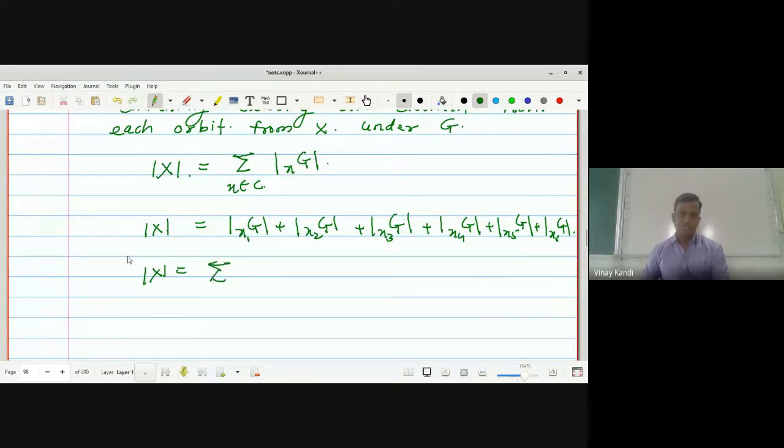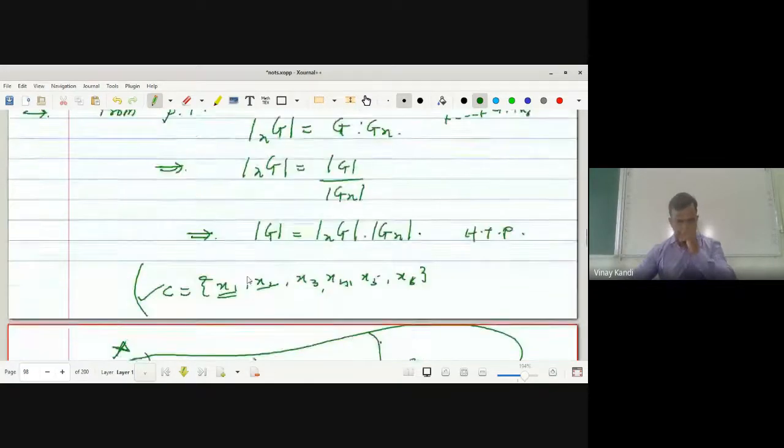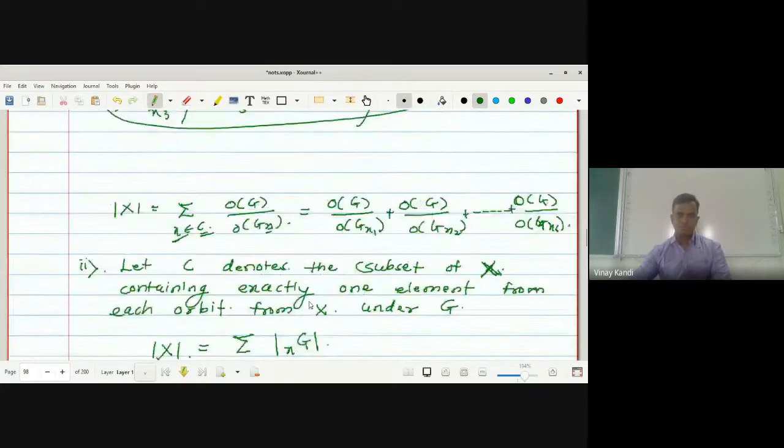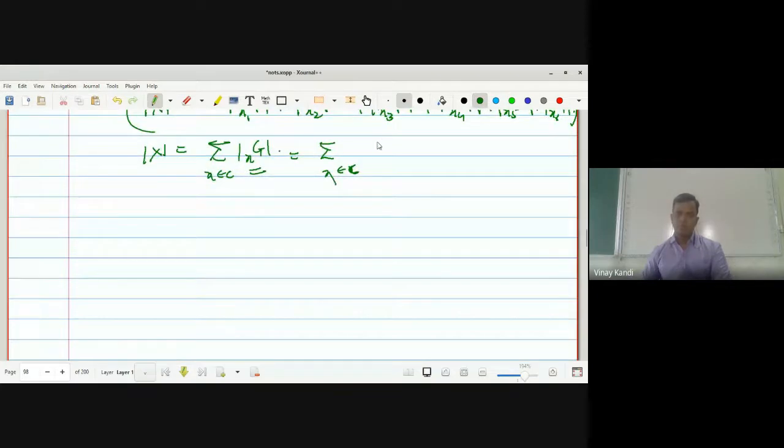To understand, the summation over x belongs to C. This is xG. But by the previous theorem, what we have is order of xG is equal to order of G upon order of Gx. Right? Order of G upon order of Gx.